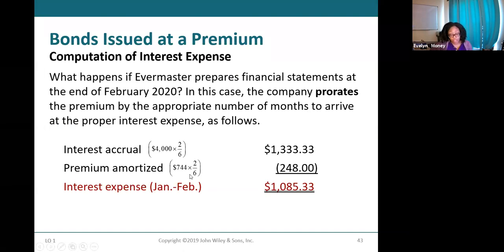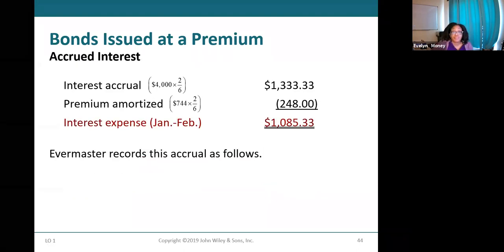So we still amortize the premium on the semi-annual interest payment dates, but to make sure our financial statements are accurate, we do need to prorate the premium if the financial statement date happens to fall on a date that is not an interest payment date. I'm sure that companies take that into consideration. They try to make sure that there is some consistency, but there may not be for whatever reason. So that's something that you may have to watch.